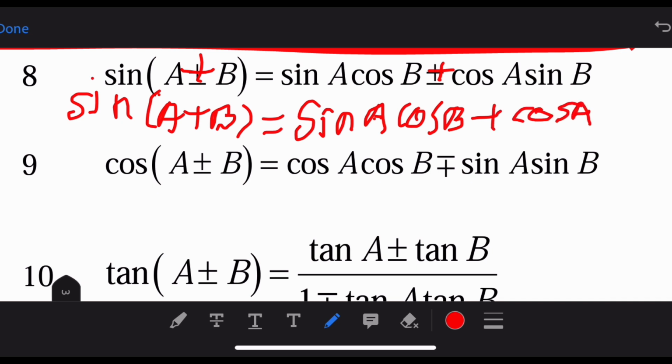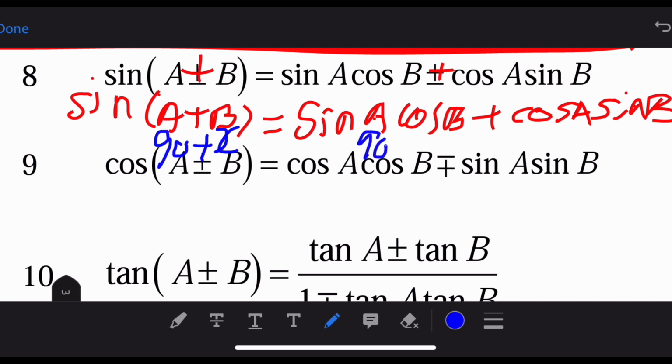So you just copy down the formula from the formula list. After you copy the formula, you must know that A is the angle given. If they say 90, then you have to substitute 90 into the formula, and B is x. So sine 90 plus x will be sine 90 cos x plus cos 90 sine x.